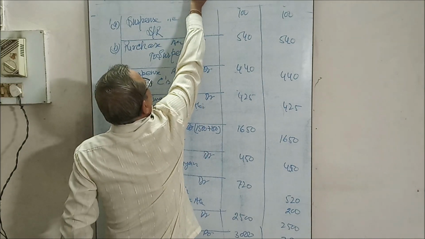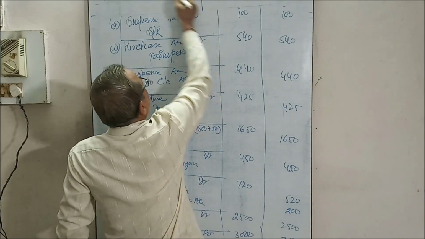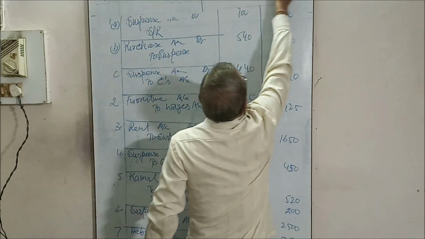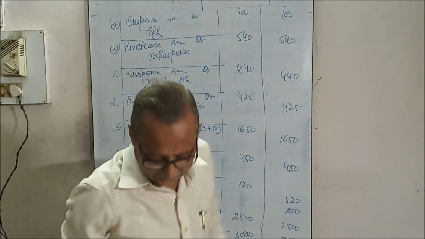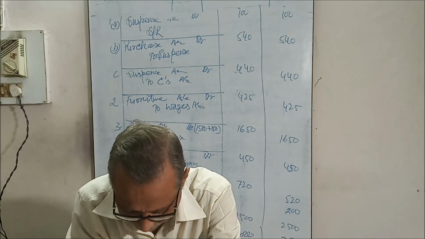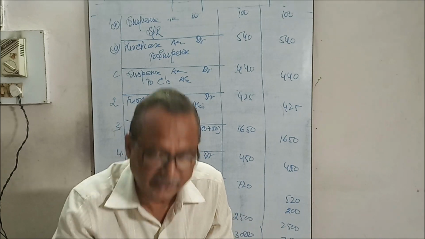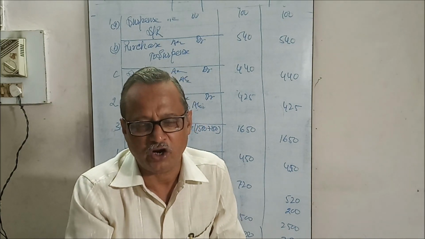Suspense account. See one by one. In the opening, it is written the suspense account was opened. Difference was transferred, but how much difference was there? It is not given.